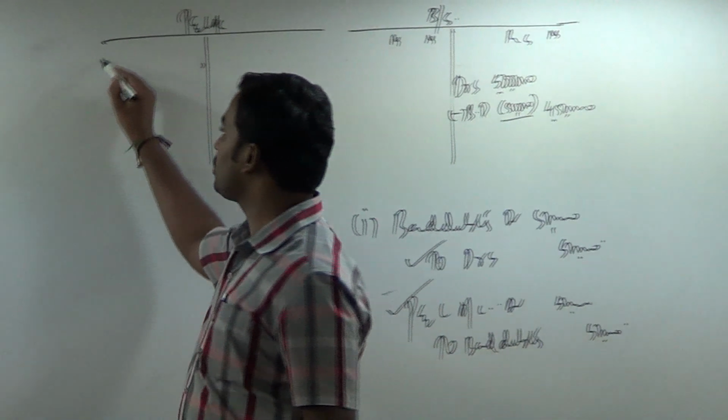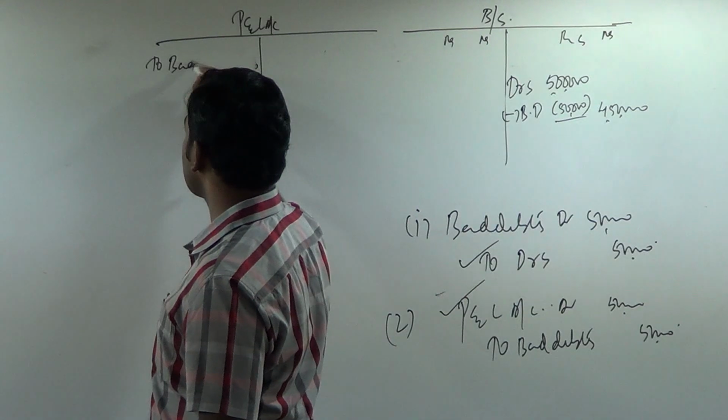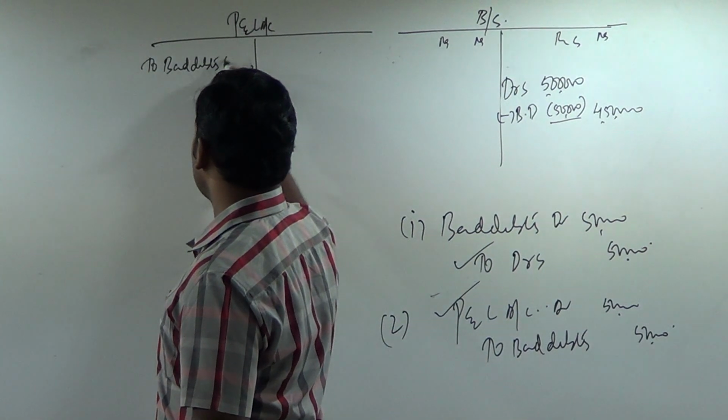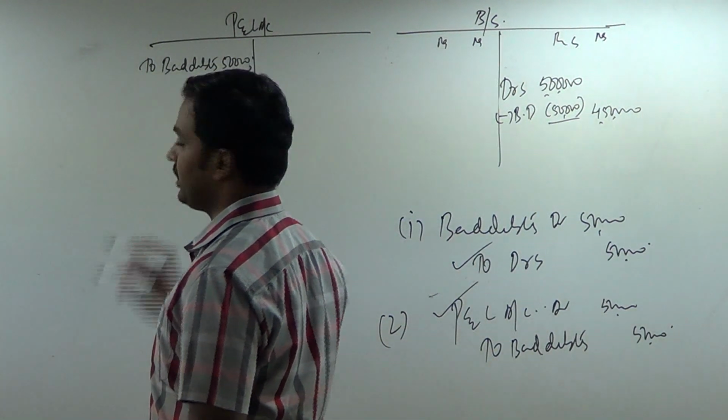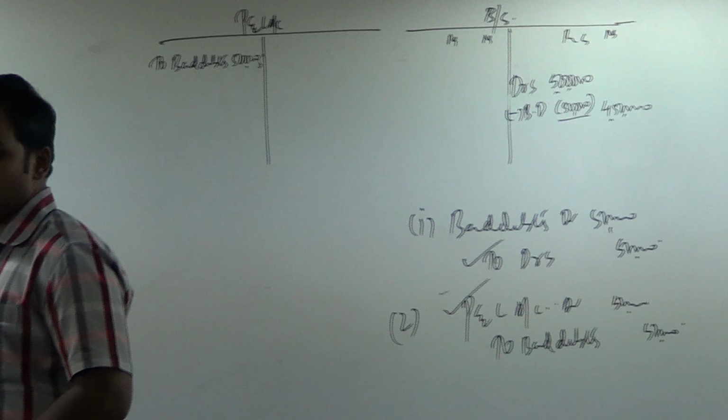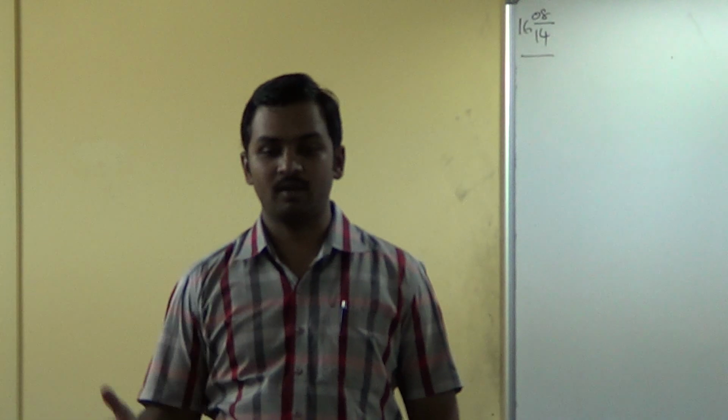P&L account will write bad debts, 50,000. So when bad debts is given outside the trial balance, we will subtract it from debtors and show bad debts as a loss in the profit and loss account.